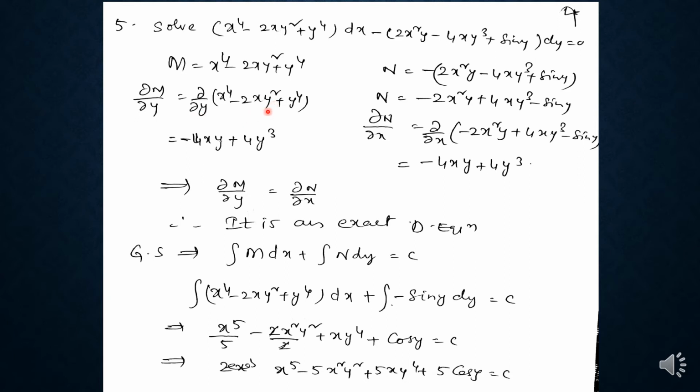Minus 2x into 2y is minus 4xy, plus ∂/∂y of y to the power of 4, that is 4y cube. Minus 4xy plus 4y cube. So this is ∂M/∂y. Now coming to N is equal to minus 2x square y plus 4xy cube minus sin y. This is N.